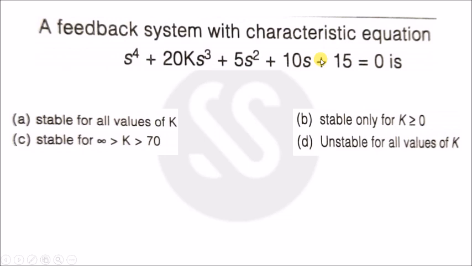In that situation, if there is no missing power and the coefficients are always the same sign, then you can clearly say this is a stable system. But we have no idea about the value of k. There is no missing power in this equation, still we have an unknown k, so we need to find what the stability will be when we change the value of k.